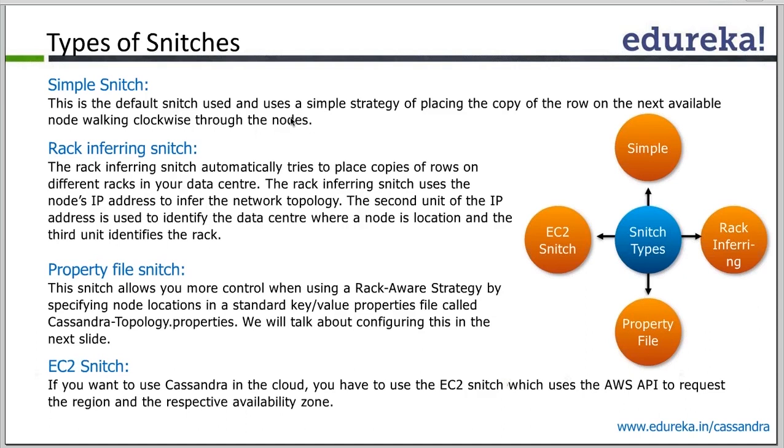Very important, because it makes sure the copies are placed in different racks so that rack failure can be avoided. So even in case of a rack failure, you still don't lose data, and the copies are still available for you to serve the request inside the cluster.